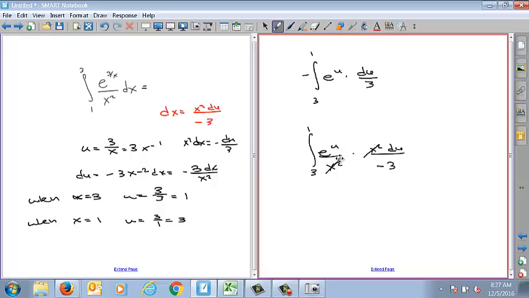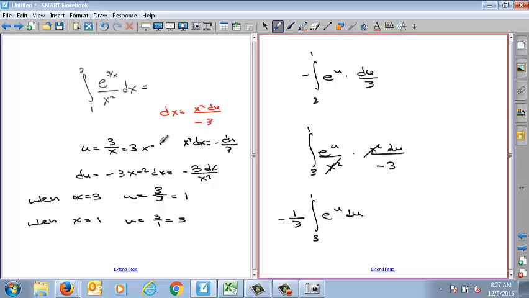And then you cancel out the x squared parts, so that it all becomes a function of u. So you end up with e to the u du, and you factor out a negative 1/3, which is what we're going to do anyway.